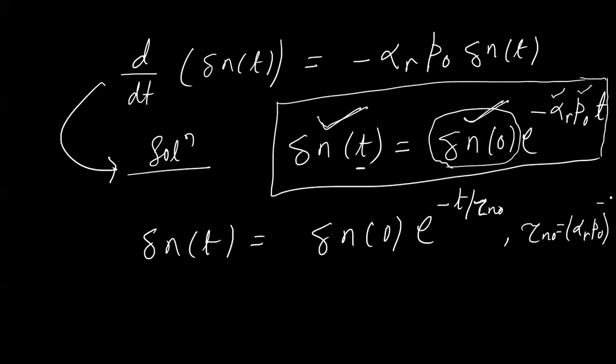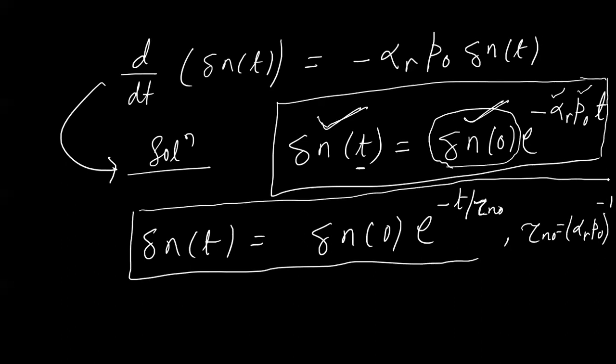This particular equation represents an exponential decay. So this actually gives you the decay of excess minority carrier electrons. This equation describes the decay of excess minority carrier electrons.